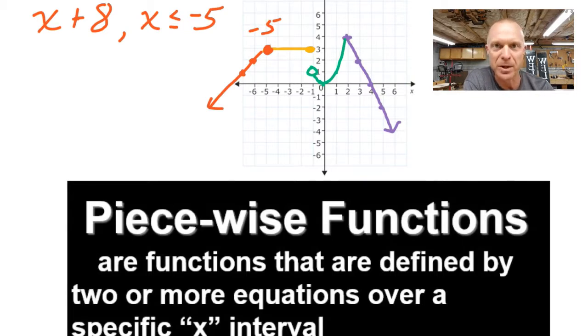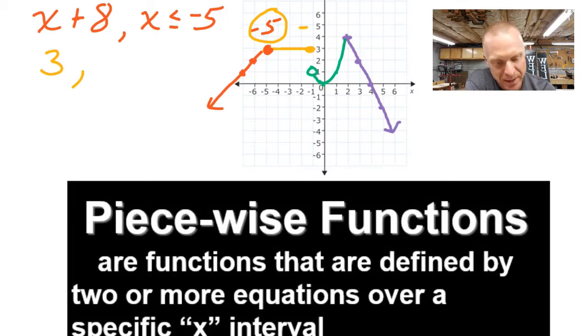How about the next piece that you see here? It looks like a horizontal line. Now, horizontal lines are defined by just their y value. And so that horizontal line has a y value of 3. That would actually be the equation for that line, except we don't want the entire line of 3. We only want the piece of that line that's between these two x values. Now, the first x value is where we left off at -5.